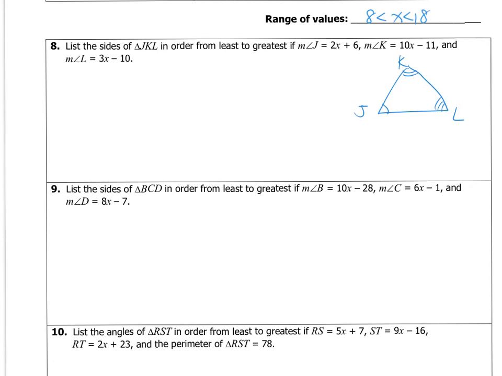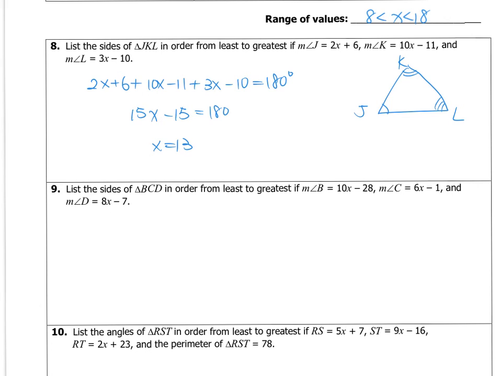So in order to know the angle measures, by now you are all old pros. You add all three interior angles together, and they should add up to 180. You solve for x, so that's 15x. And so if you do that, x should equal 13.